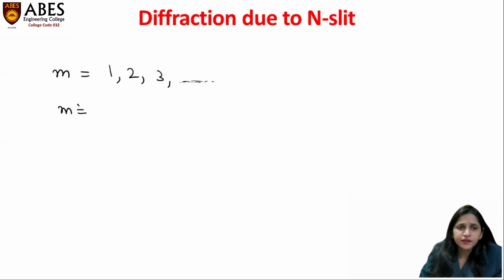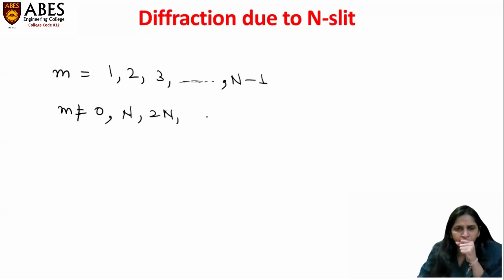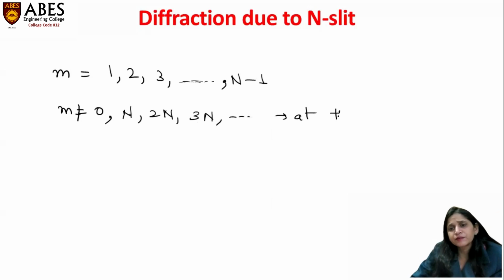Therefore it starts from 1, 2, 3 and it can go up to N minus 1. But the value of m cannot be 0, N, 2N or 3N. Why? Because at these values we will be getting the position of principal maxima.